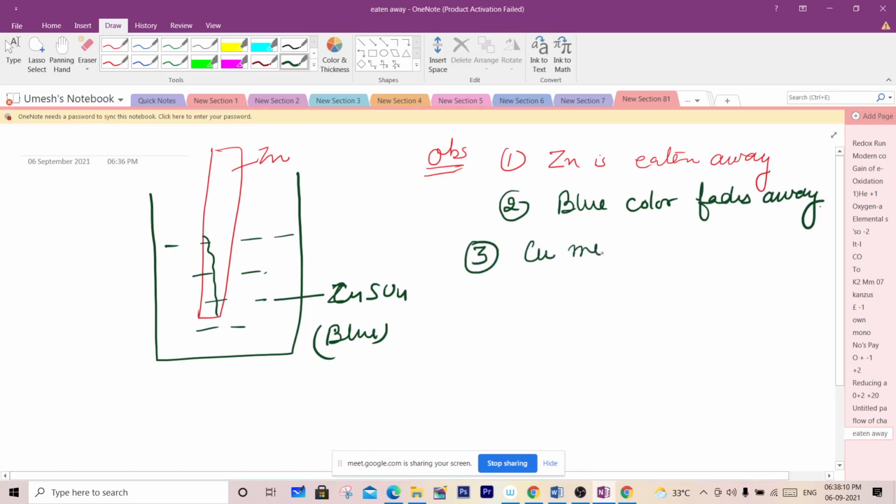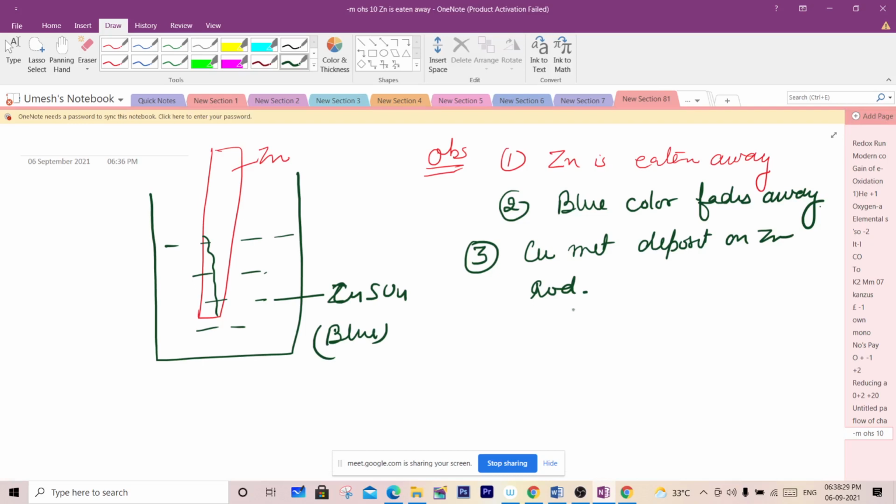And the copper metal deposits on the zinc rod. These are our observations. Understood?